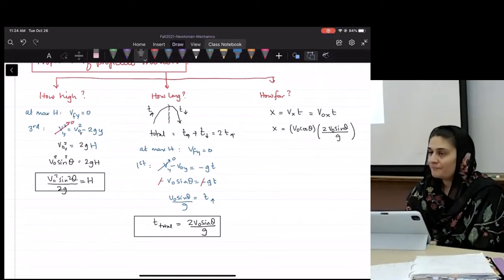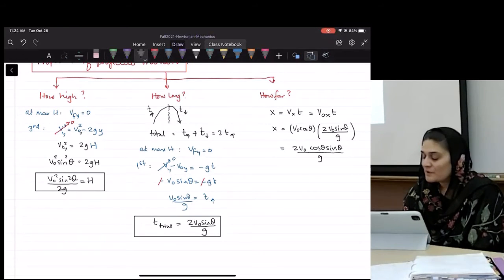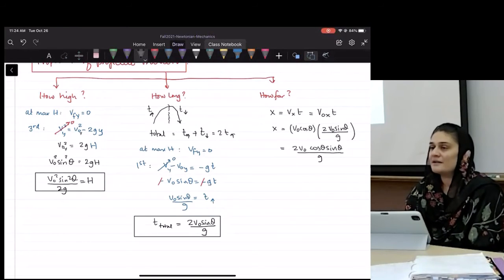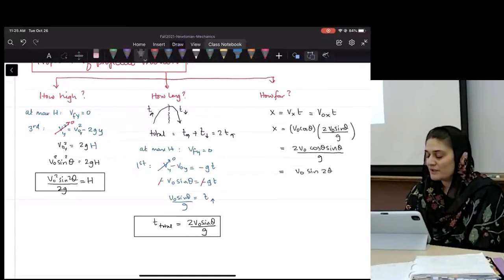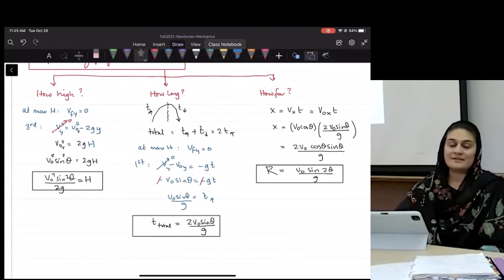Absolutely. So then may I write this as 2V0 cosine theta sine theta over g? What is 2 cosine theta sine theta? Sine of 2 theta over g. We should remember this trig identity, and that is usually called the range. And it took us less than 3 steps.